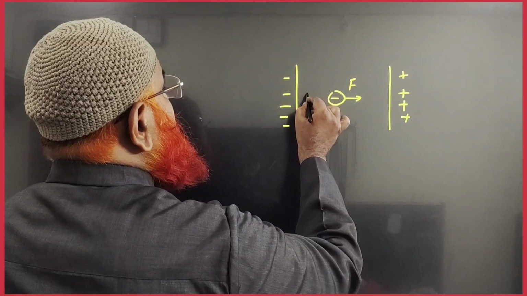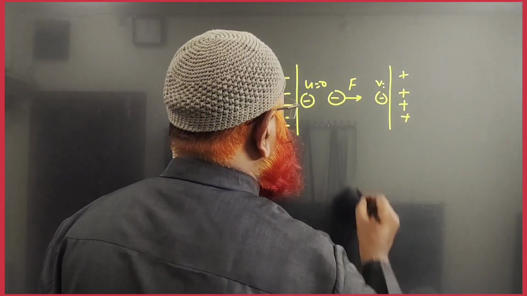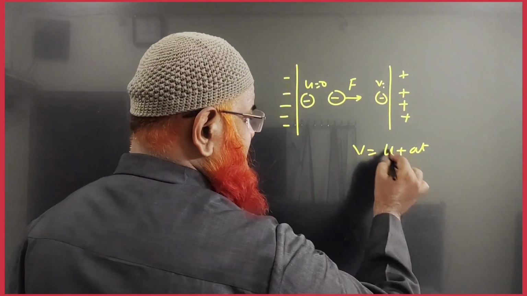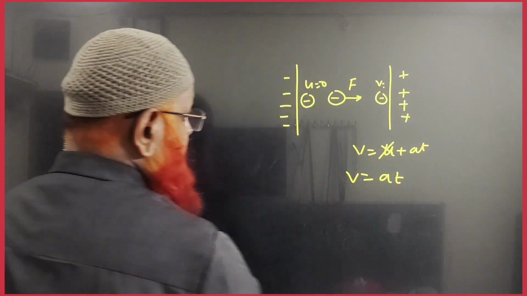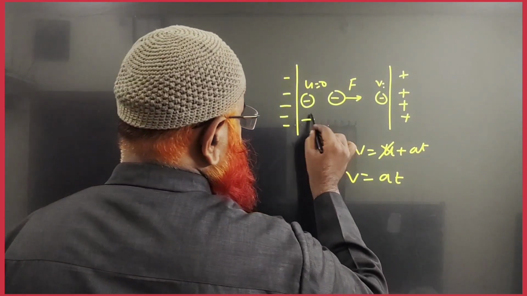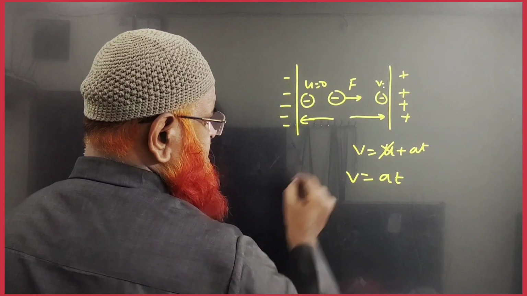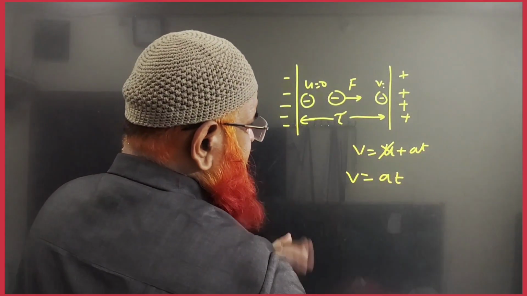Let us imagine the initial velocity. According to equations of motion, V is equal to U plus A T. Initial velocity is 0, so V is equal to A into T here. The time taken to travel from here to here is said to be tau, which is taken as the relaxation time between two collisions.